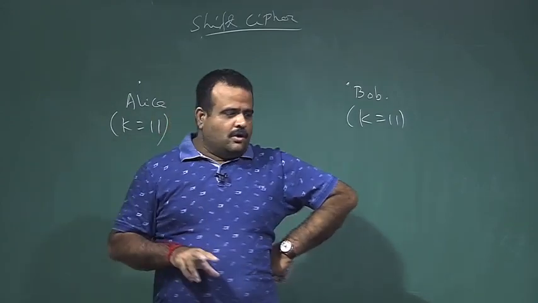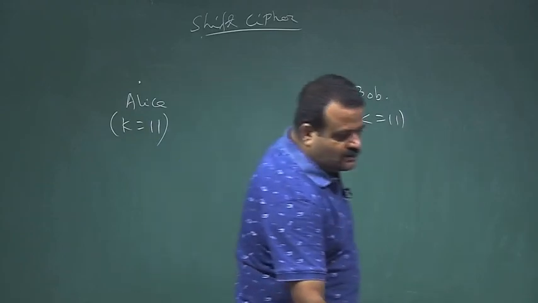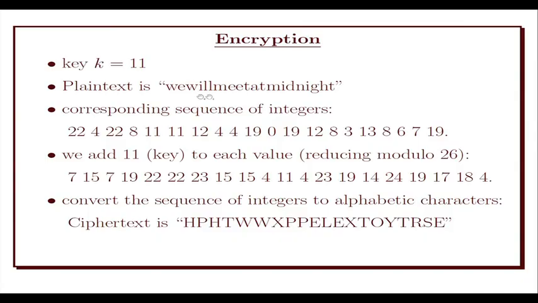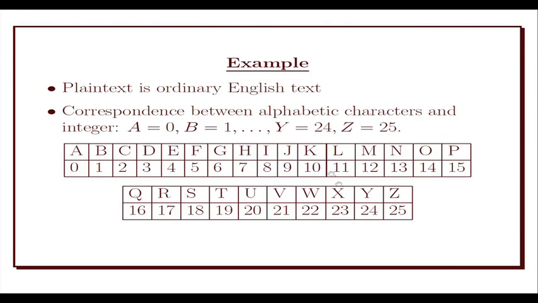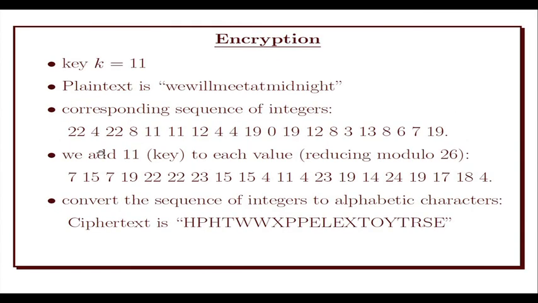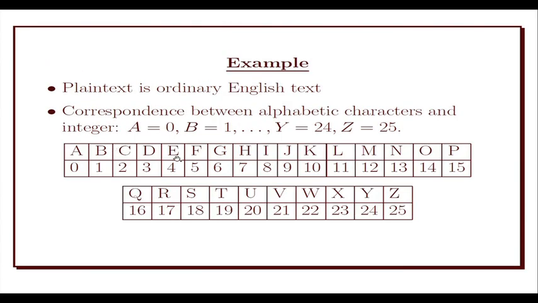Okay. So, basically we convert "we will meet at midnight" to the corresponding sequence of integers. W means 22. E means 4.